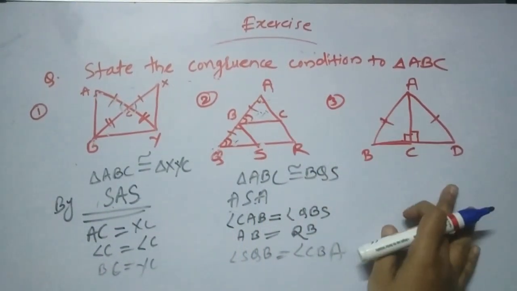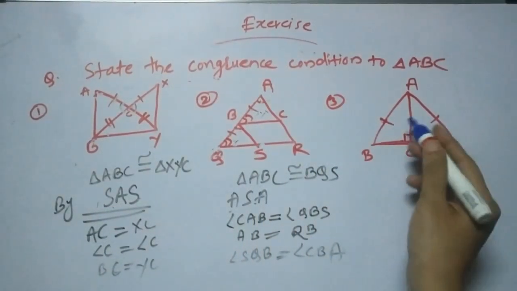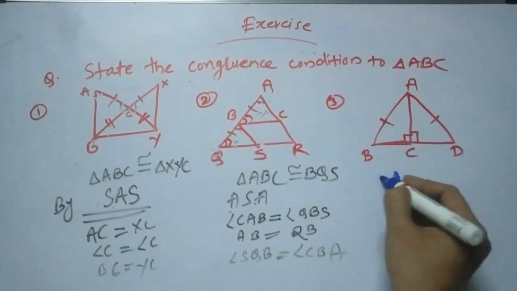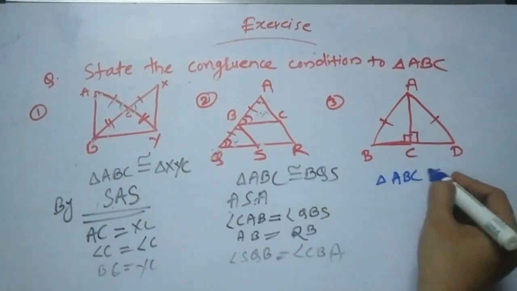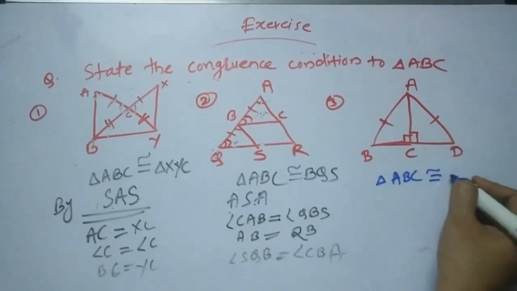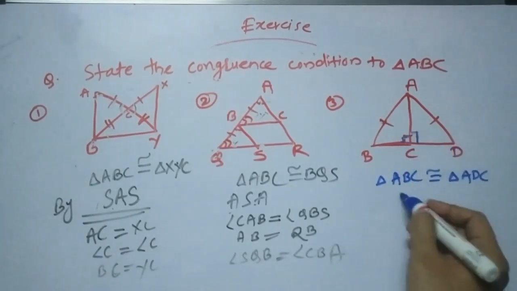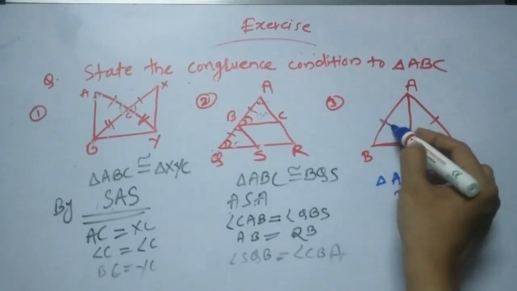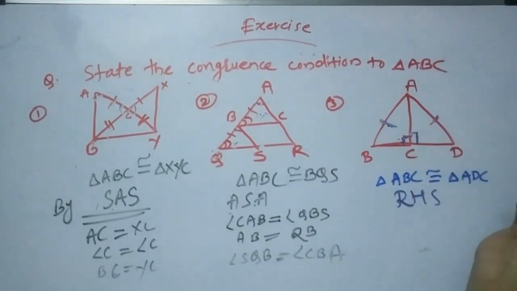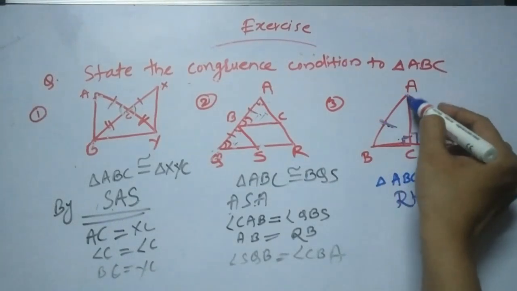Now here you can see, state the congruence condition. The triangle ABC is here. So triangle ABC is congruent with this triangle ADC. You can see here this is making 90 degrees, and this is a hypotenuse. The side opposite to the 90 degrees is the hypotenuse. And one side AC is common.